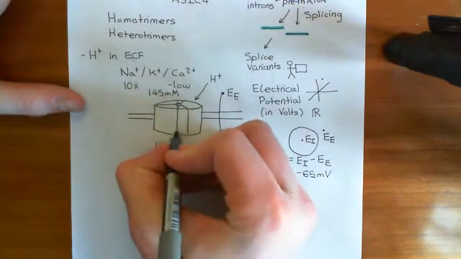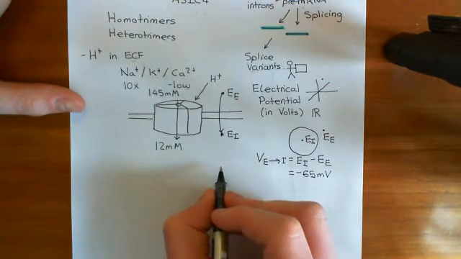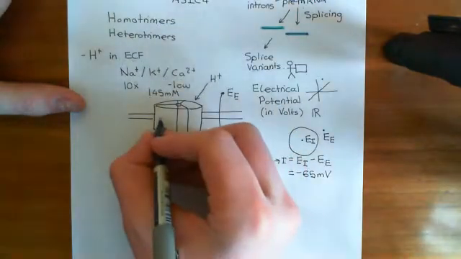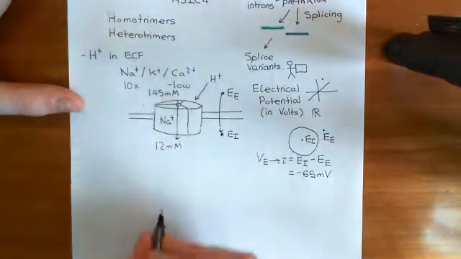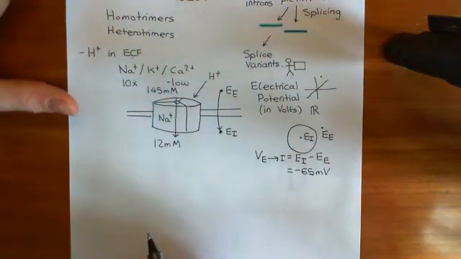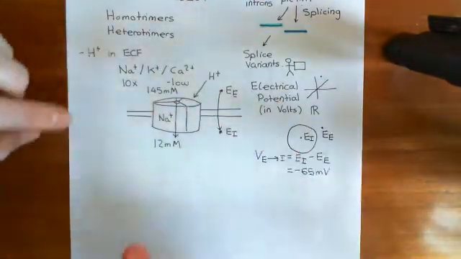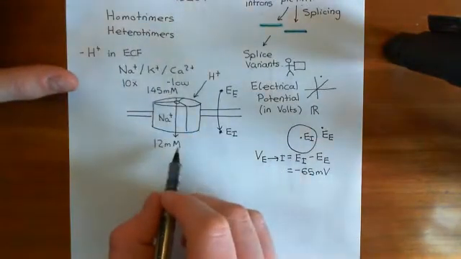So both the concentration gradient and the electrical gradient agree. They both say move sodium in. So when you open this channel, you get a net movement of sodium ions into the cell. And of course you won't just be opening one of these, you'll be opening many of them, so you get a current of sodium into the cell.